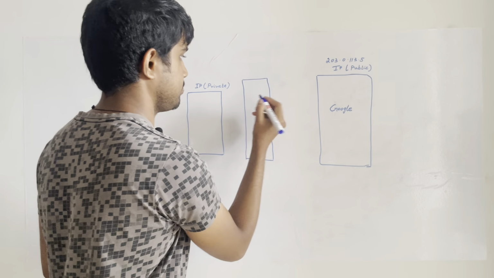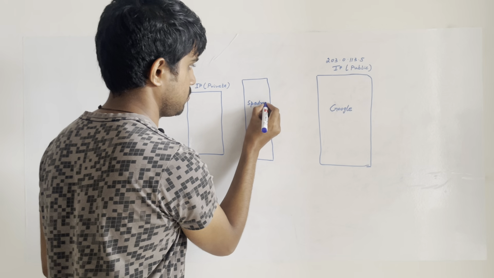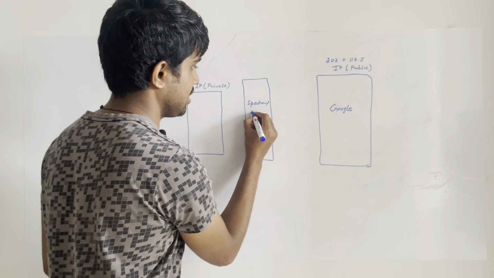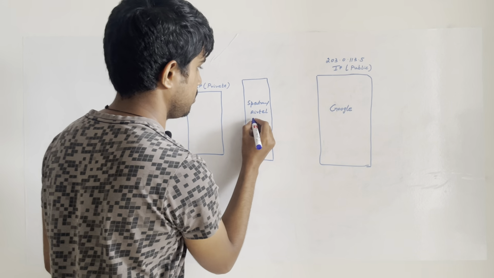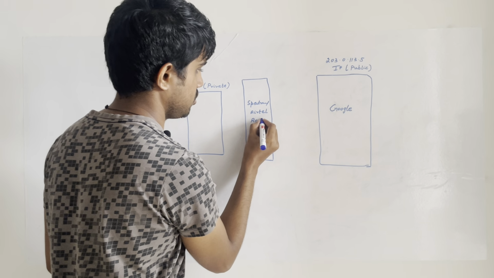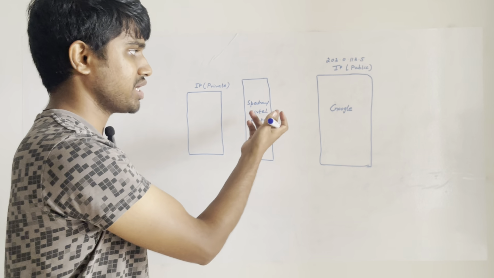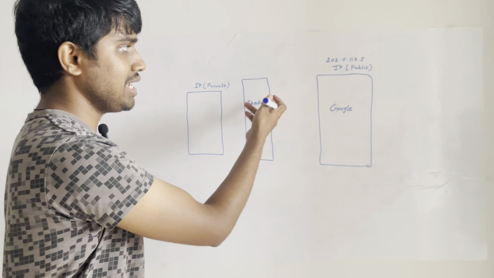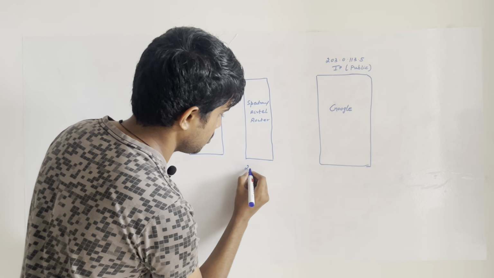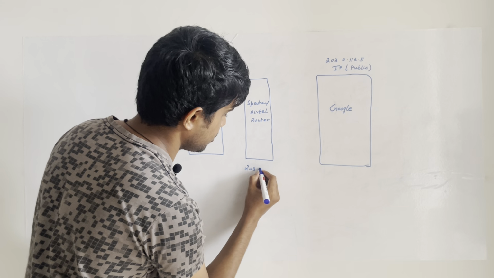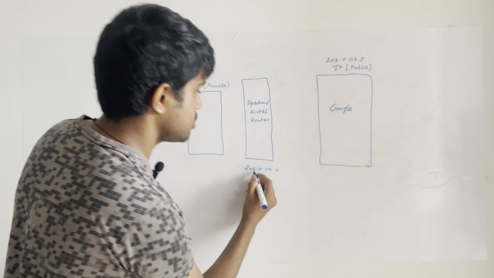It can be Spectrum, can be Airtel, right? A router which is provided by your internet service provider, Spectrum or Airtel, and they will be purchasing that public IP. For example, 103.0.113.6, right? So this is a public IP.